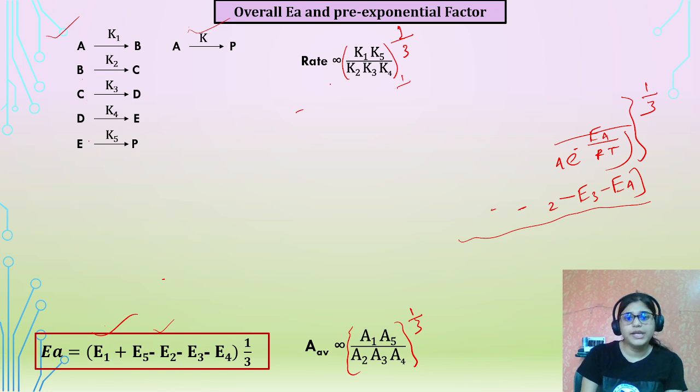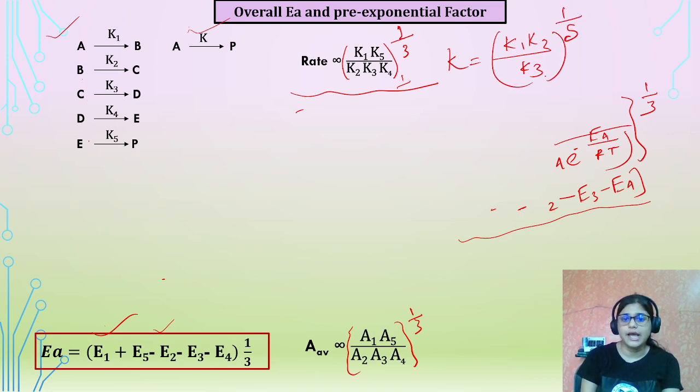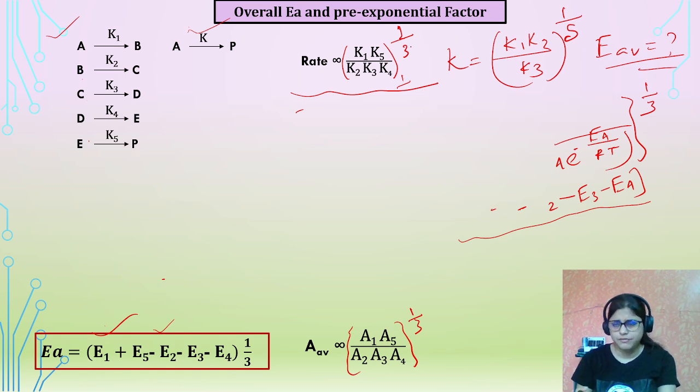If the rate constant is given as depending on K1, K2 by K3 to the power 1 by 5, this kind of term, and you are asked what the E average value of this reaction will be, you should not write everything from the Arrhenius equation, put in every value and then solve.